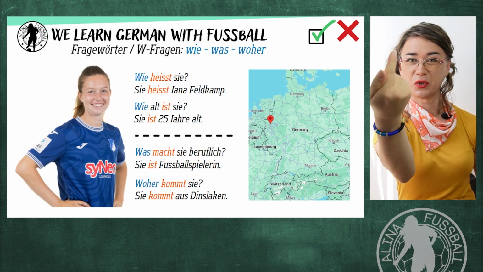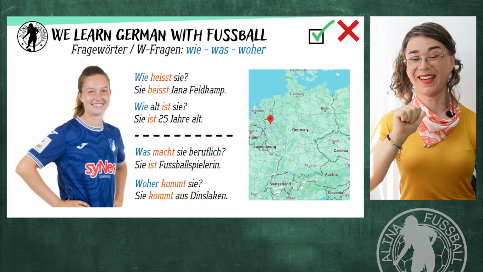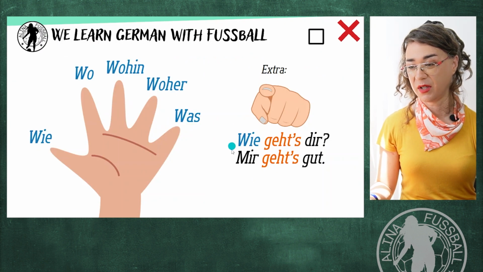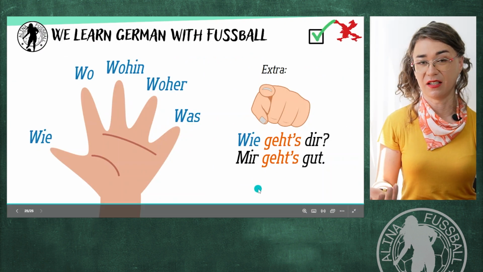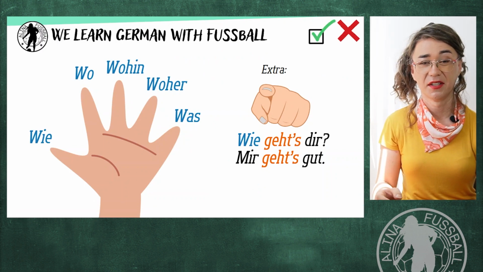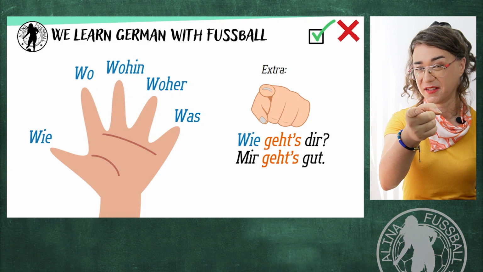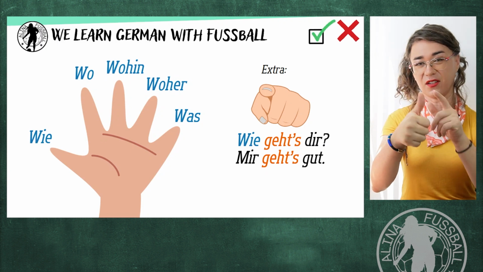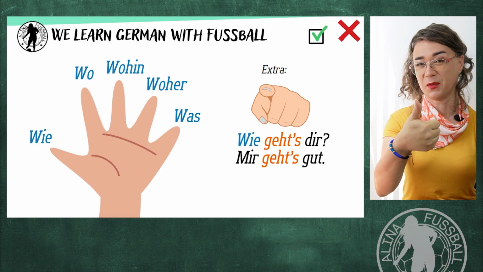Ich heiße Alina. Or in this slide, we have the question, wie geht's dir? So we are asking about your day, how things are going. So, wie geht's dir? Mir geht's gut. So notice that here we can have the Fragewort WIE.